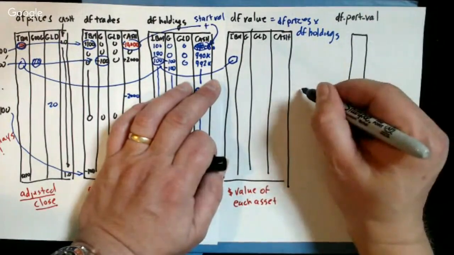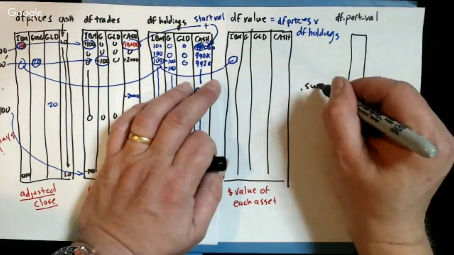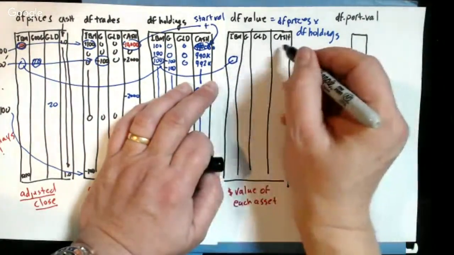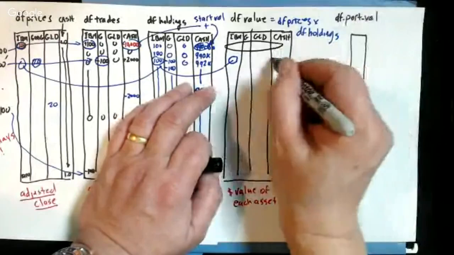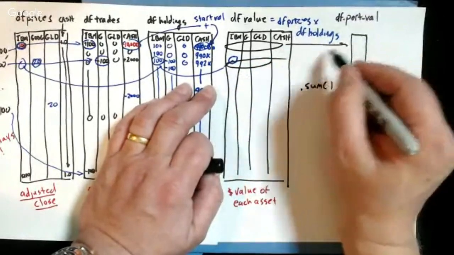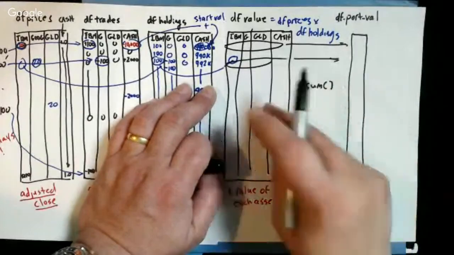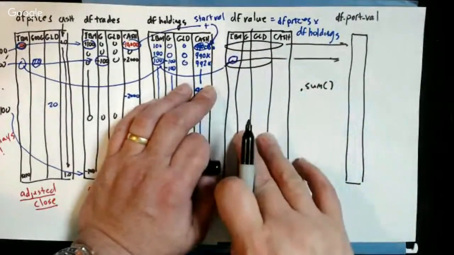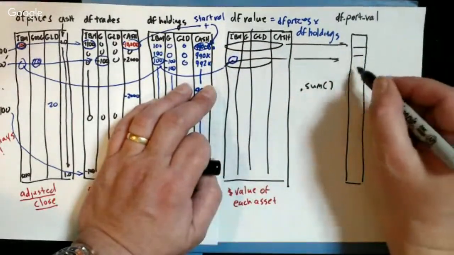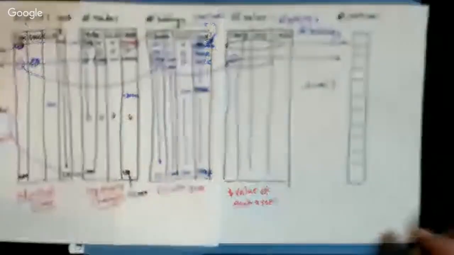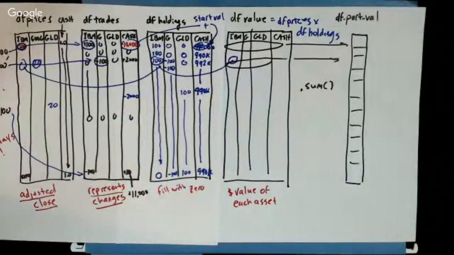And all it is is the sum of each row here. So it's just the sum of each row of DF val, and now we know for each day what the total value of our portfolio is. And that's it. That's how to do the first part of the project.